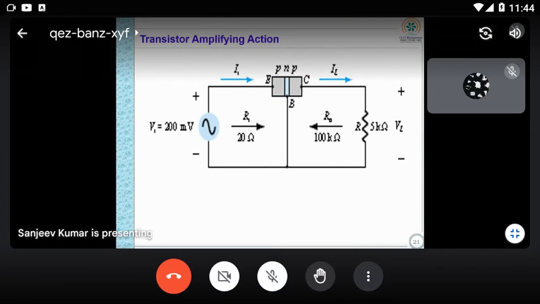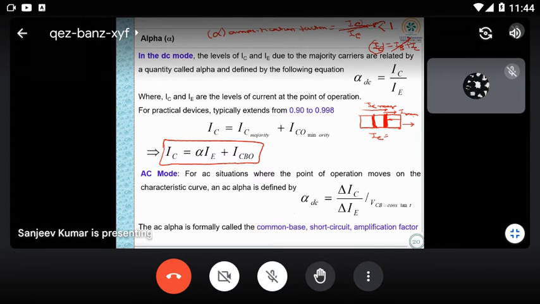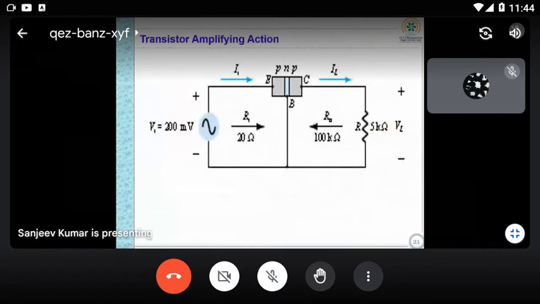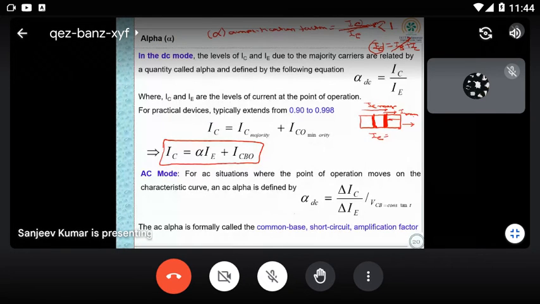Sir, in the last slide, you wrote IE equals IB plus IC. In that case, was it for majority carriers or in total? This is in total, because IE is equal to IB plus IC we are writing. Total IC is equal to IC majority plus IC minority.